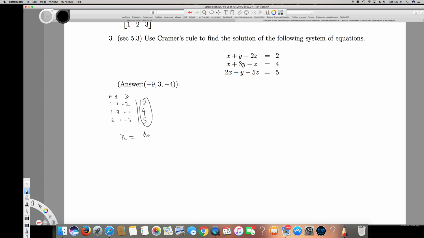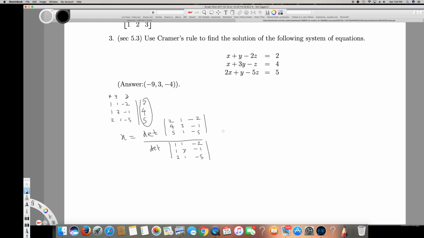The determinant of the swapped one is going to be 2, 4, 5, 1, 3, 1, and minus 2, minus 1, minus 5, over the determinant of the original one we had before, which is 1, 1, 2, 1, 3, 1, minus 2, minus 1, minus 5. So this is my formula.